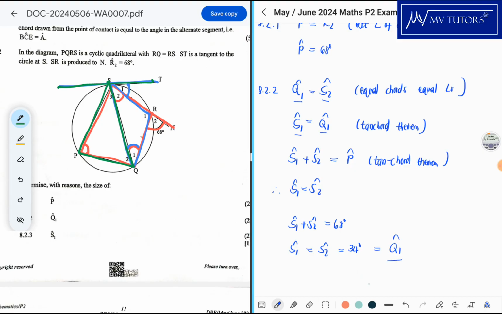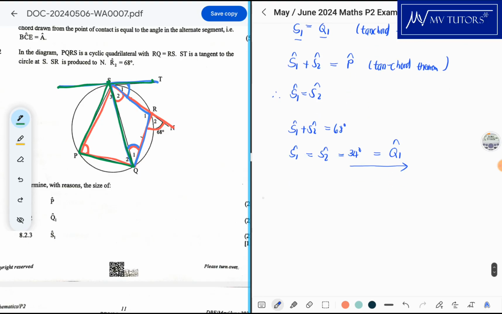Okay, so Q1 is actually equal to 34 degrees. Now we can go to the next question, 8.2.3, which is S1. S1 is actually equal to 34, and that I have proved above. I've gone above and beyond in the previous question. All right, and that's basically question 8.